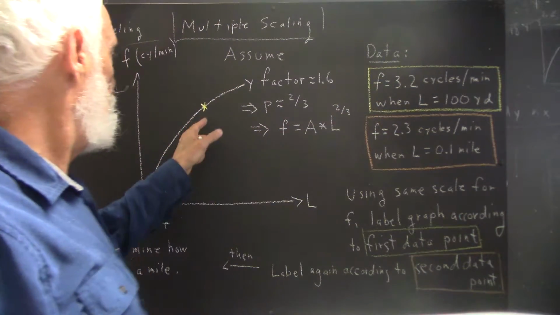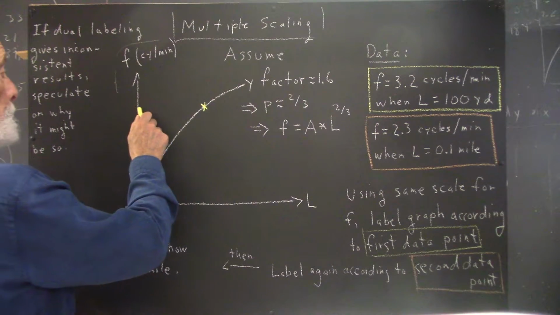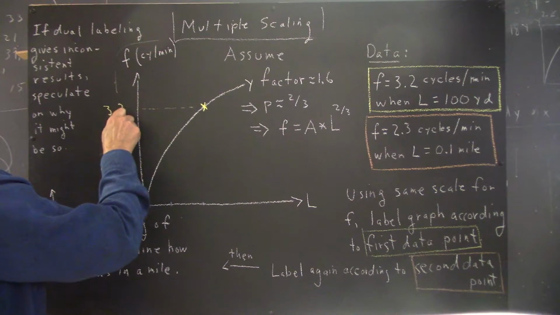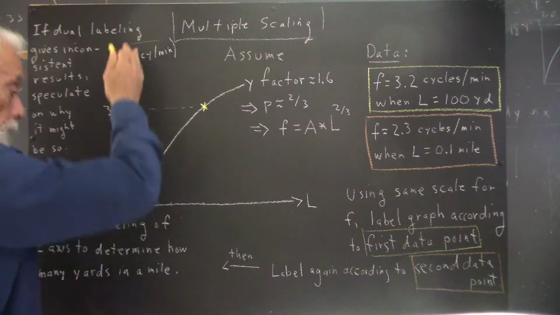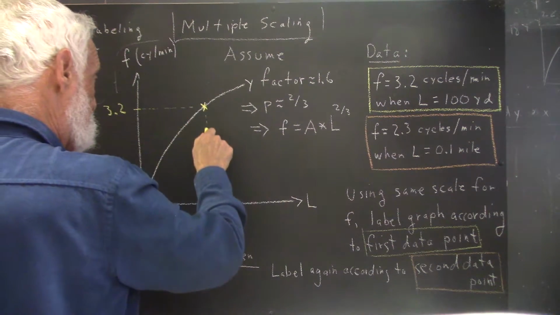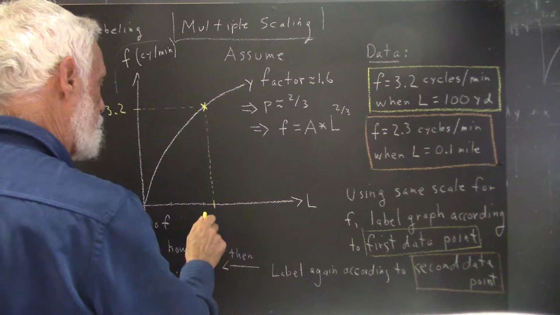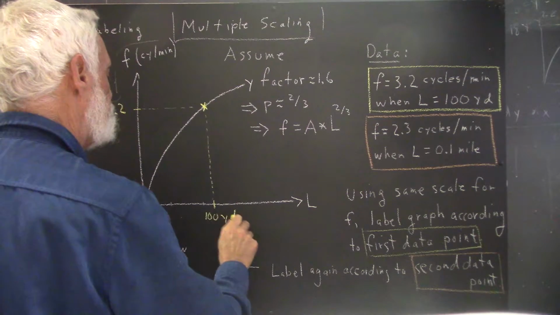Okay, so that corresponding to this data point tells you what? Tells you that 3.2 cycles per minute is here on the frequency axis, and 100 yards is here.